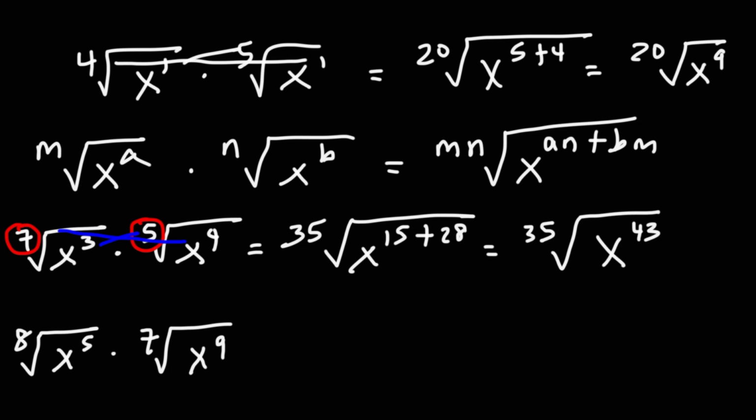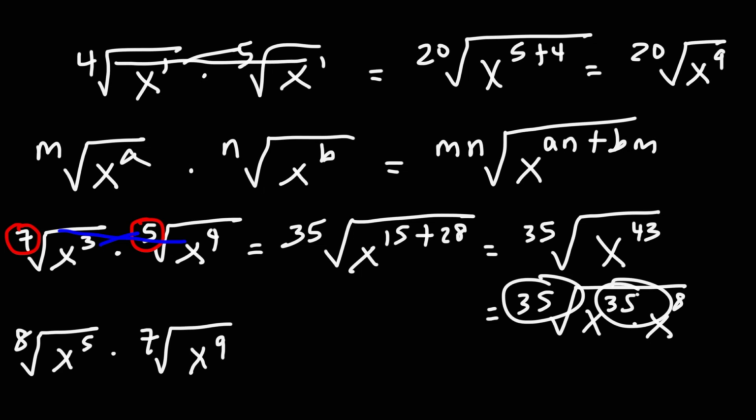Now, of course, you could simplify that even further if we want to. I'm going to break up 43 into 35 and 8. 35 plus 8 is 43. Now, these two, they go into each other.